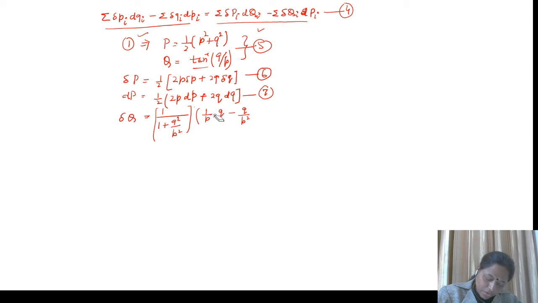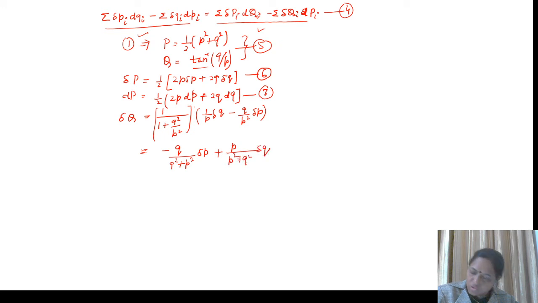This will be delta, not d. And solving this, you will get minus q upon q square plus p square delta p and plus p upon p square plus q square delta q.